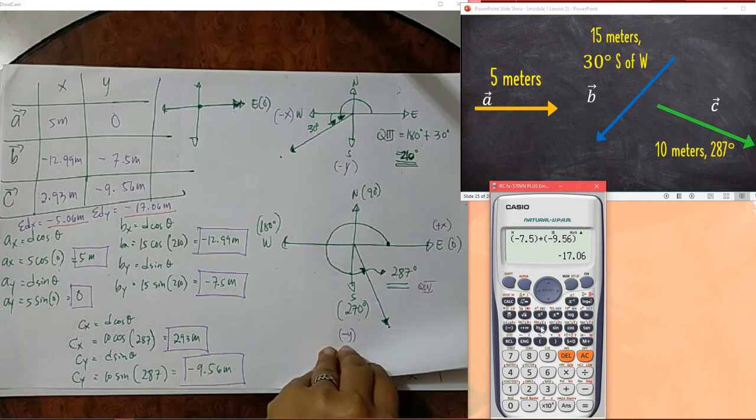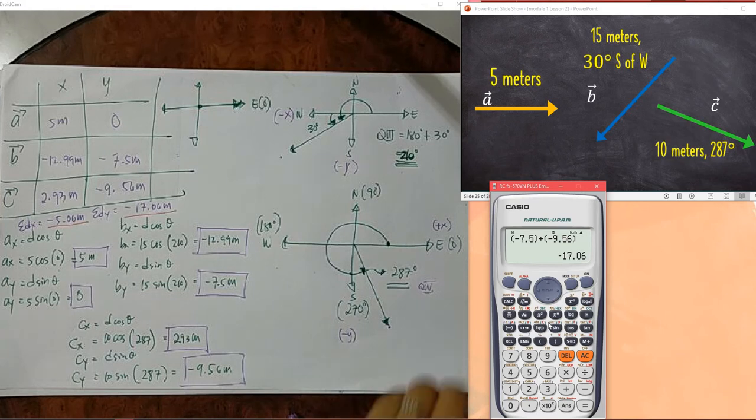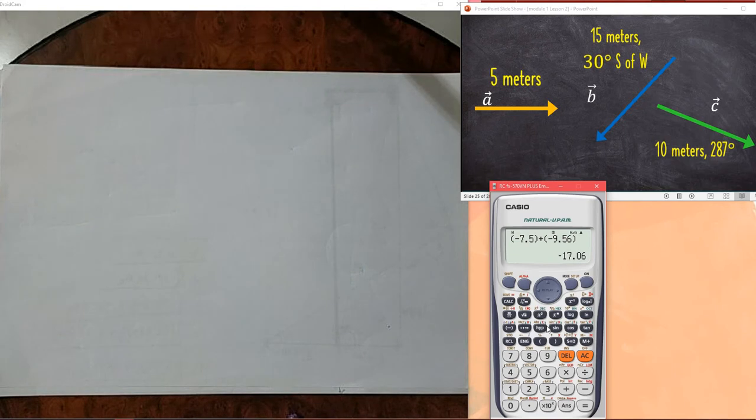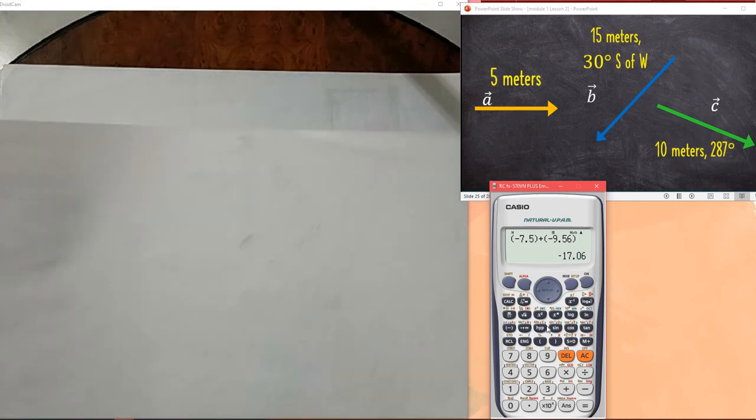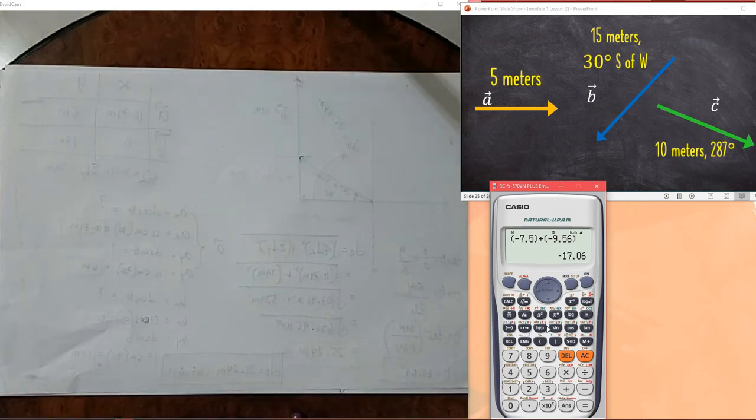Okay, now let us try to plot these values in our Cartesian plane, and we have to make sure that these values will coincide with our graphical method. So I will be using here the back portion of our previously calculated values for plotting our vectors.